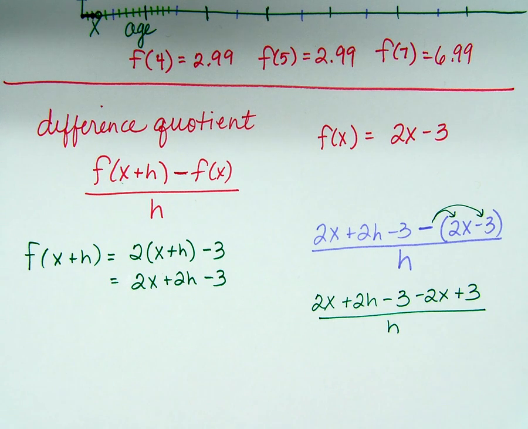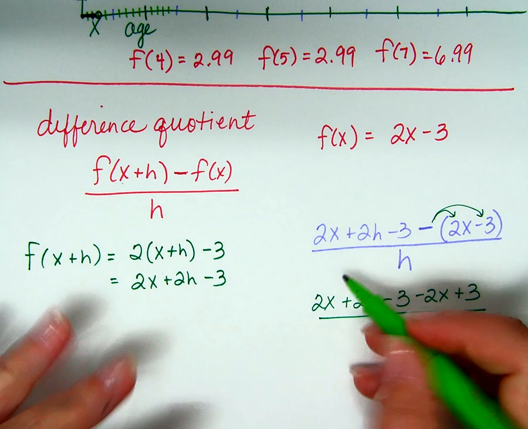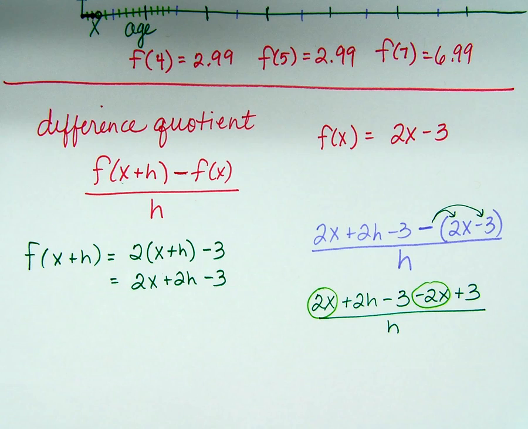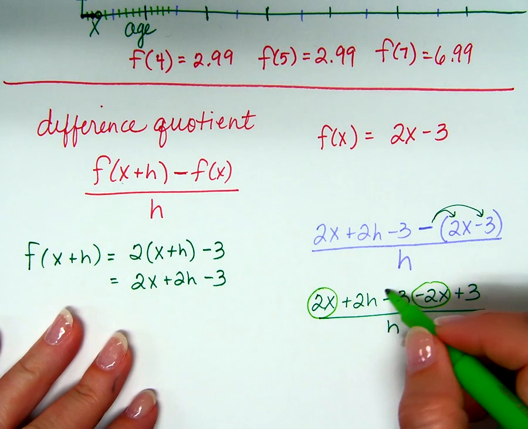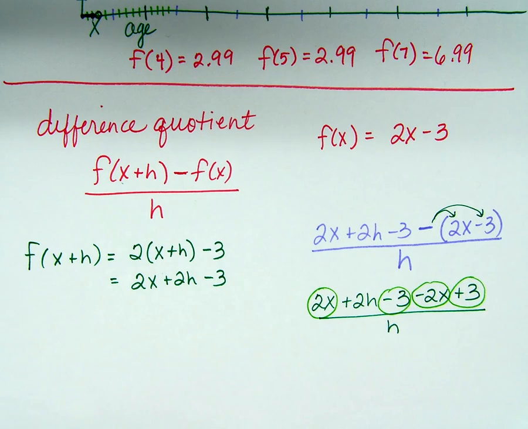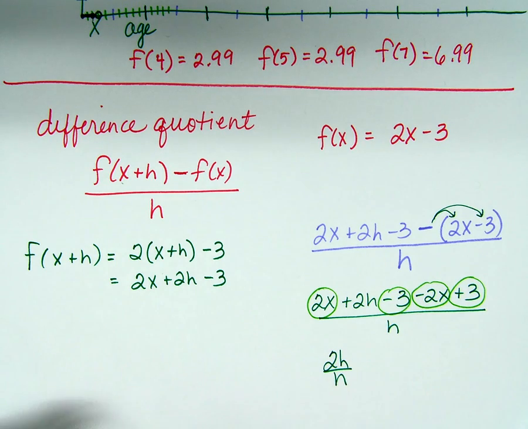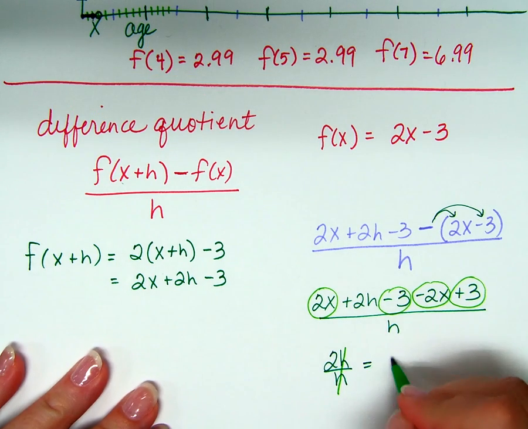So what happens? Well, that's nice. So I get 2h over h. That simplifies to 2.